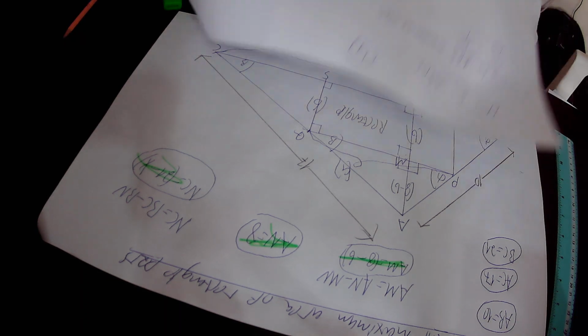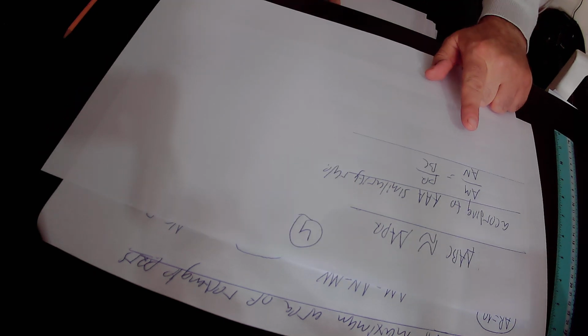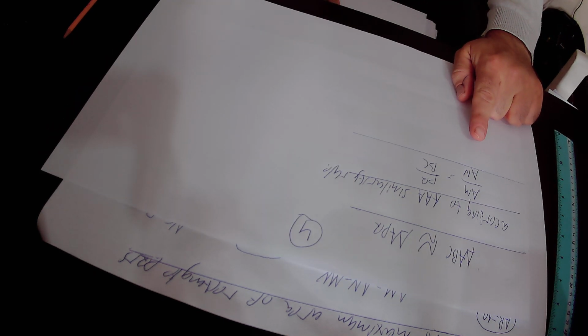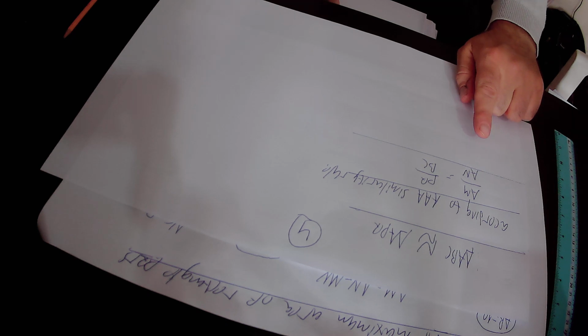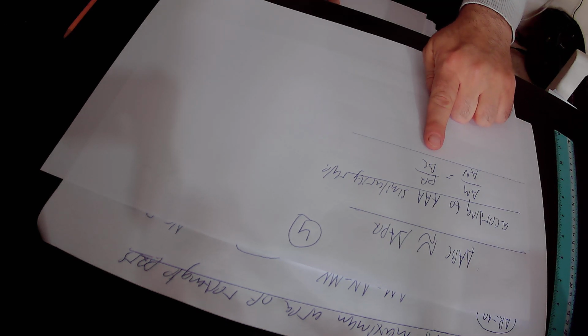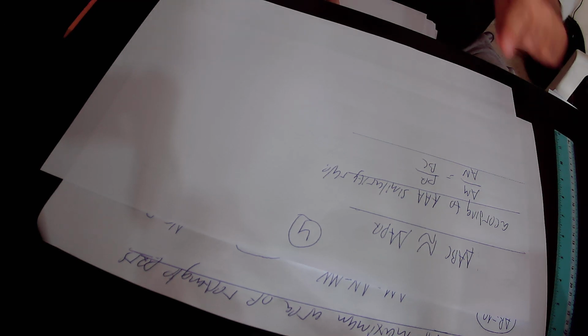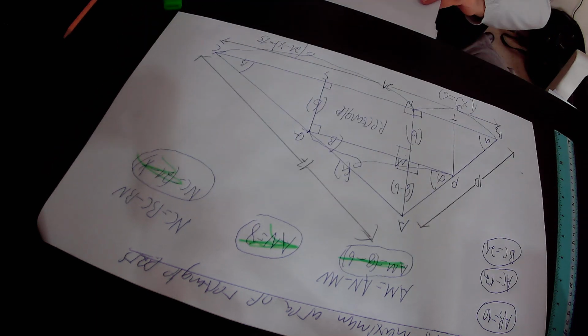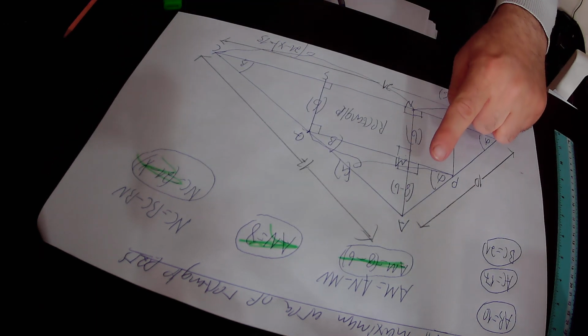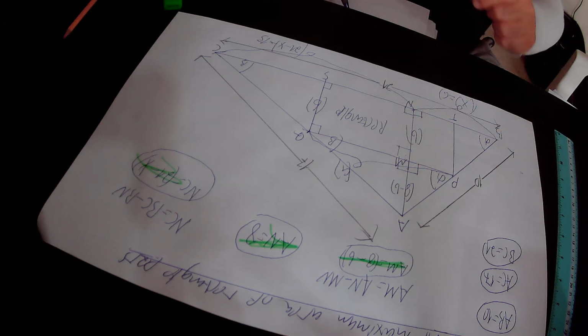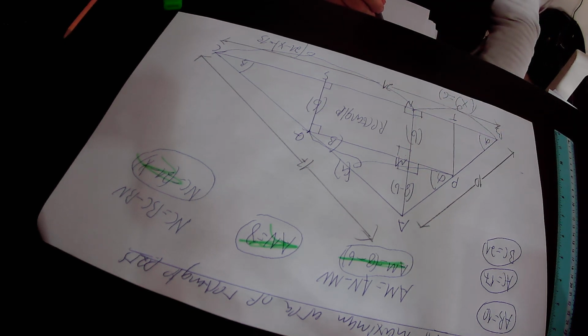Again, this equation means that the ratio between the corresponding heights of the two similar triangles, triangle ABC and triangle APQ, must be equal to the ratio between their corresponding sides. Okay, so AM over AN equals PQ over BC. We already found out that AM equals 8 minus B, over AN.